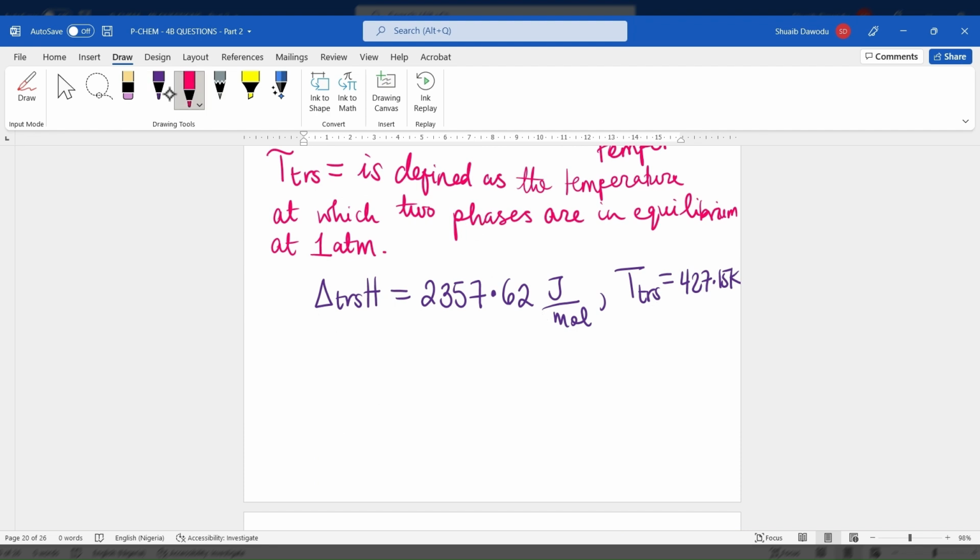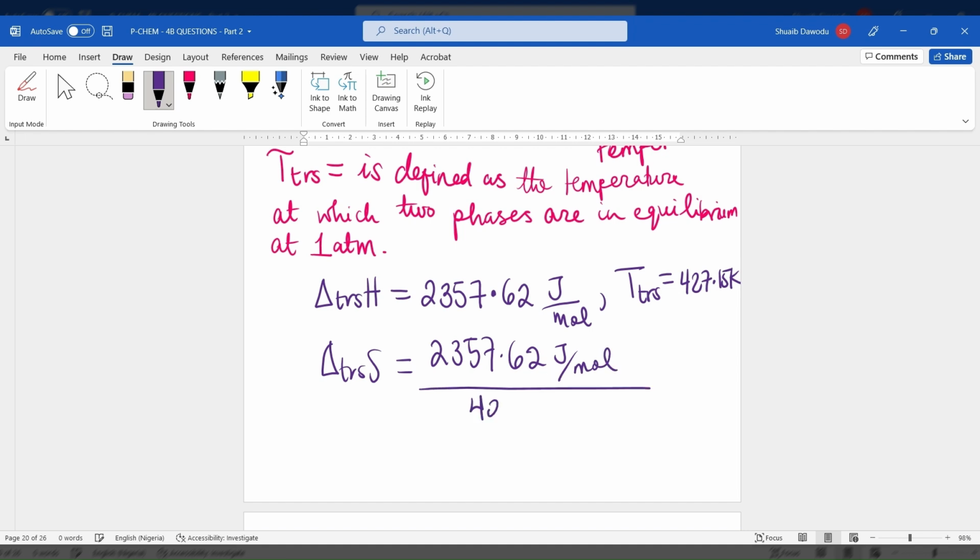So the change in entropy of fusion becomes 2357.62 joule per mole divided by 427.15 Kelvin. So of course, we input this information in our calculator to end up getting 5.5194 joule per Kelvin per mole.